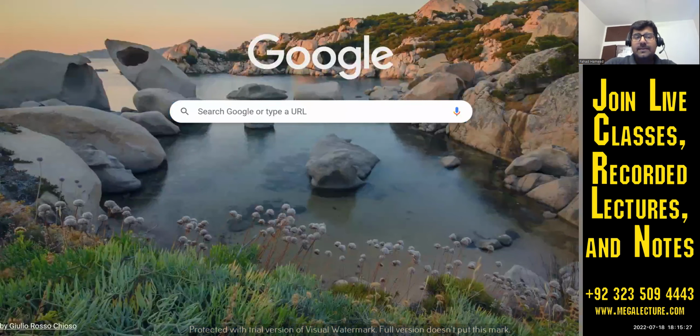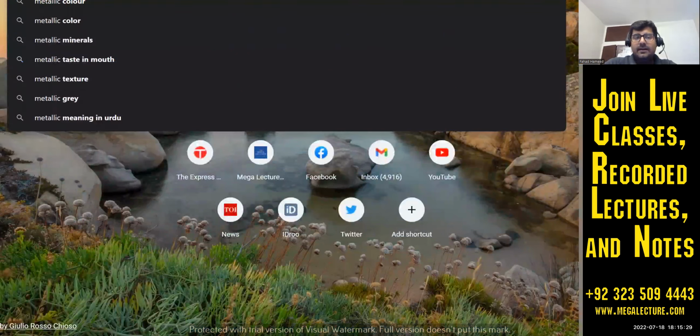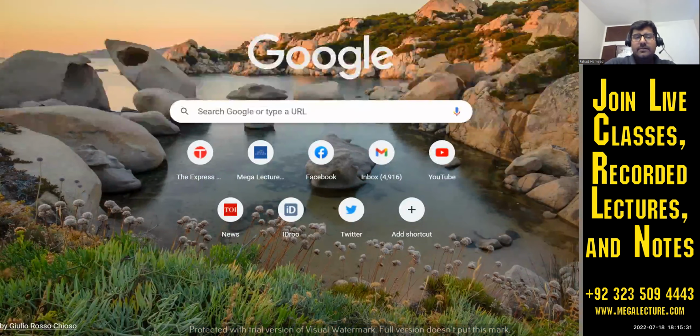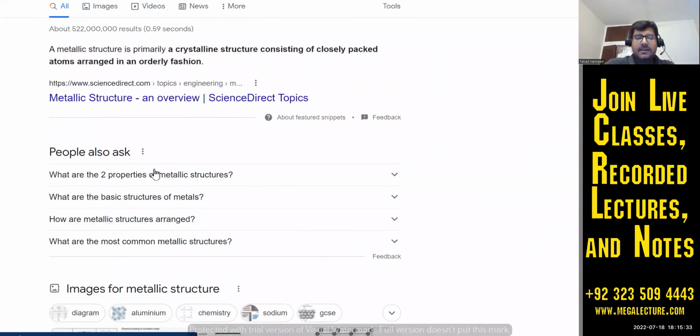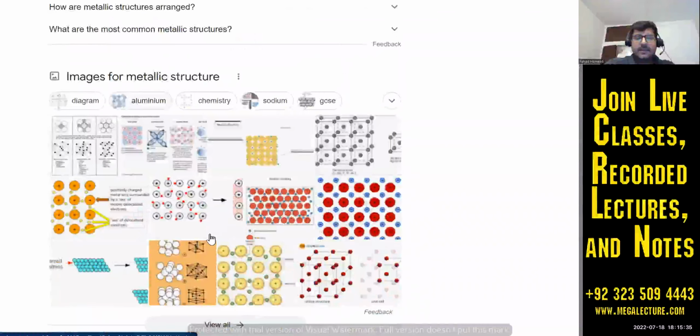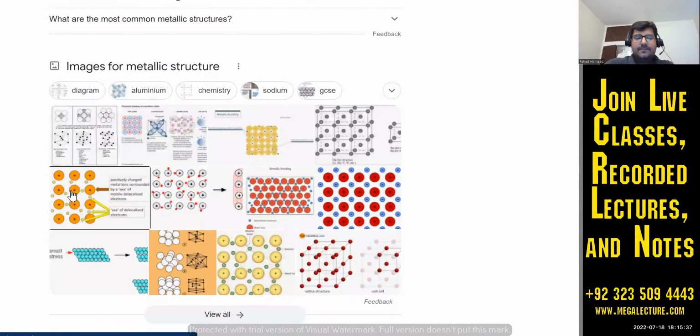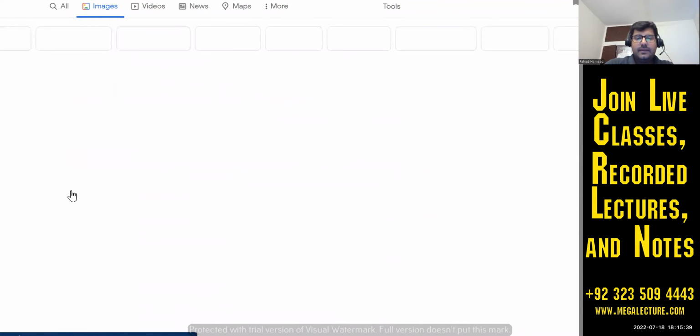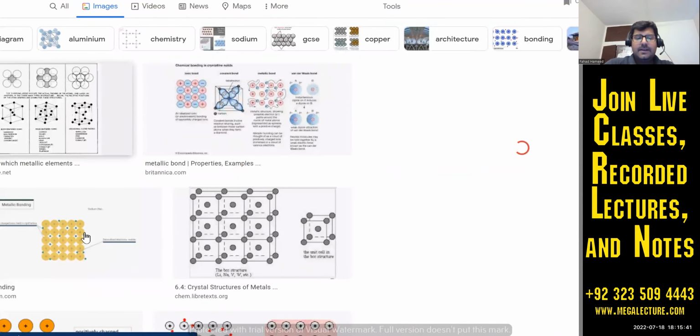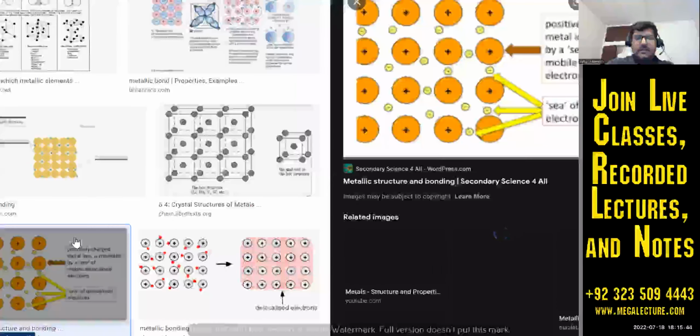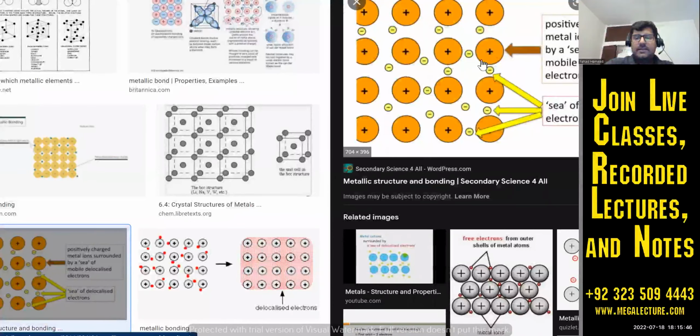Because this is what a metal looks like. Its structure, you may already know this. What is the metallic structure? It's positive metal ions in a sea of free moving electrons, right?